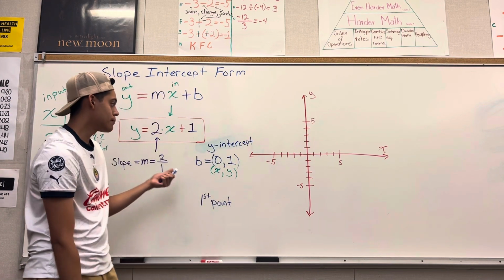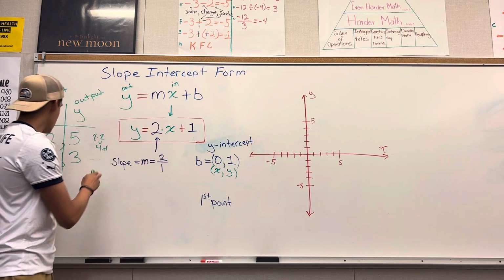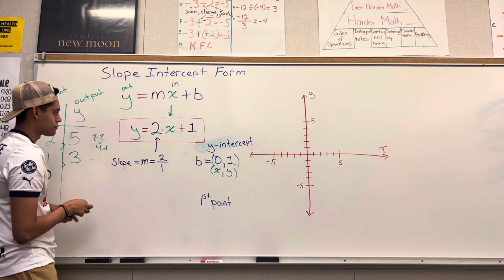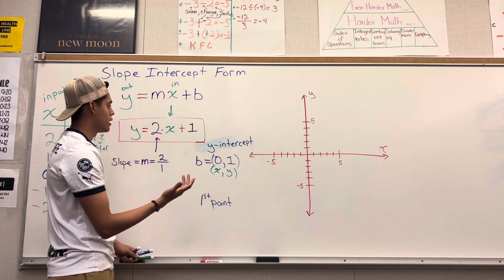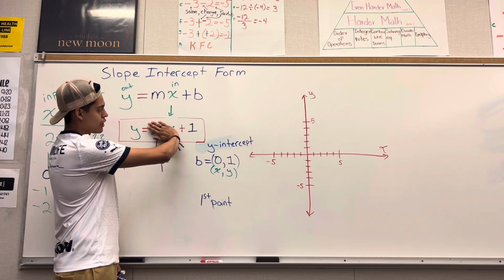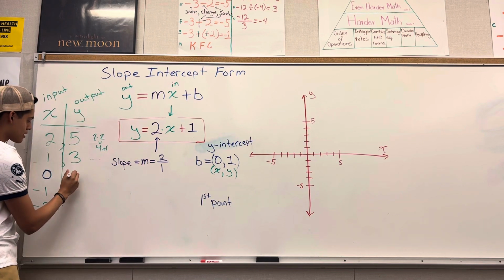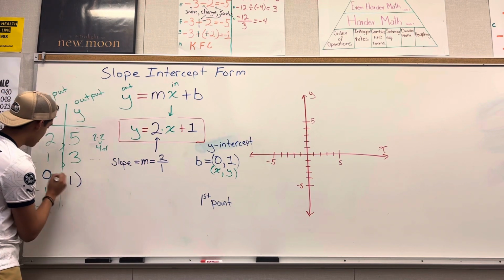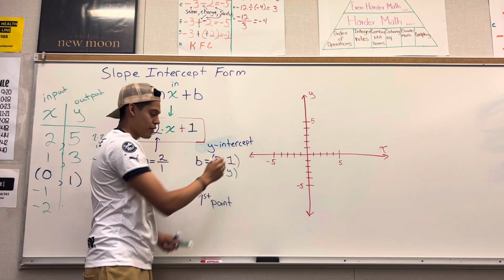The y-intercept is basically when x equals 0. So when x equals 0, we have 2 times 0, and anything multiplied by 0 would give you 0. So if you cover it up, y would equal 1. And this is going to be our special point, and we're going to make it blue because you can see our y-intercept right here is in blue.